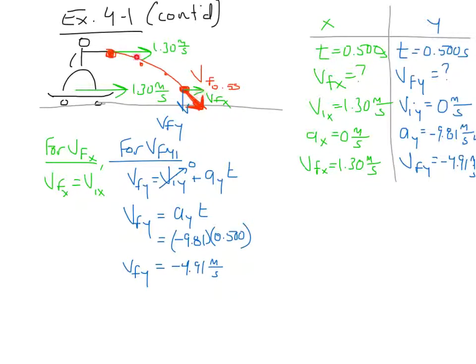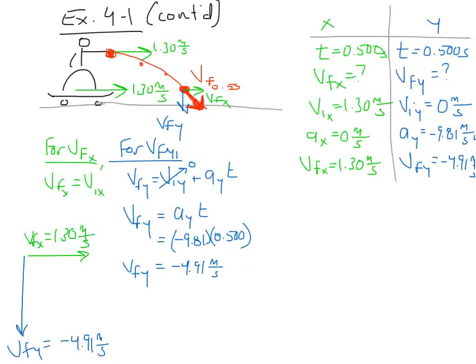It's still moving in the same direction on the x-axis, but in the y direction, it started out with no y component, and now has a negative y component of negative 4.91 meters per second. So we know that at 0.5 seconds, v final in the x equals 1.3 meters per second, and v final in the y equals negative 4.91 meters per second.